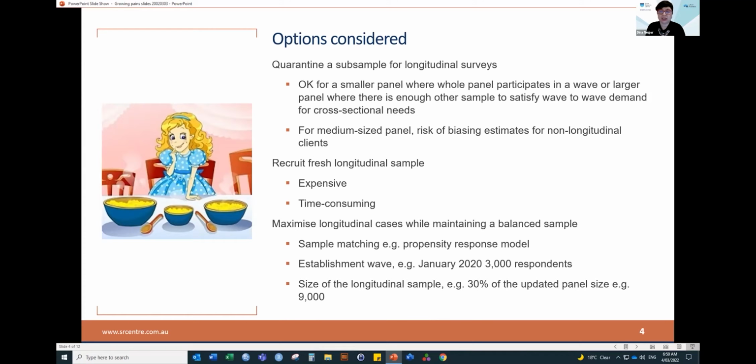So we have to select a random sample from the panel to create a representative sample for different types of clients. So by quarantining a longitudinal sample, we are potentially biasing estimates for other people who are not selecting that sample, and not necessarily giving the best sample for the longitudinal clients to give a contemporary estimate as well. So it's not big enough where we can just take a little corner of the panel, say that's your representative longitudinal sample, and everyone else is not impacted.